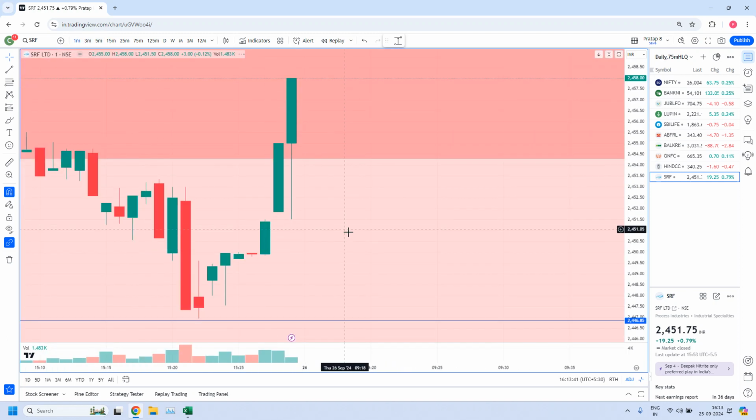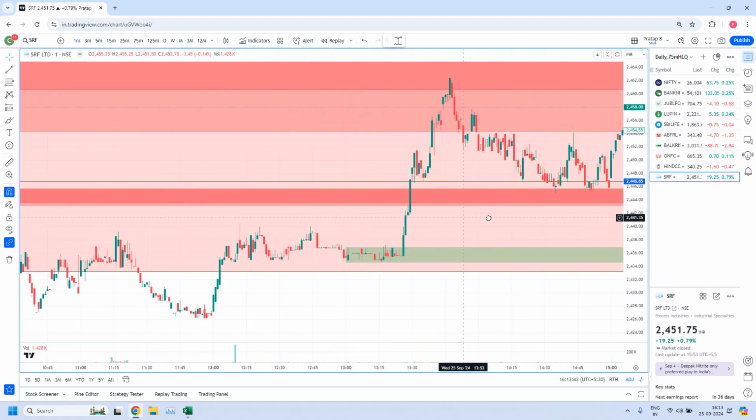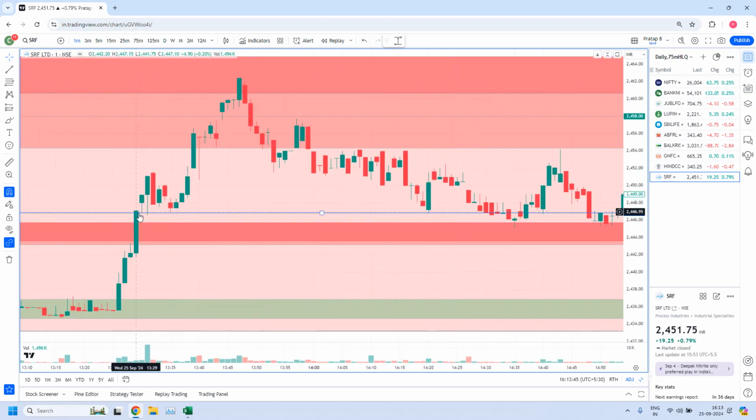But if you look into the 1 minute, see here, there is a huge support at this blue color line which I have drawn. That means somewhere here some strong order flow, which is not clearly visible in the 1 minute zone. Maybe in tick-wise data some zones might be there. If you look into the tick-wise data, that is second-wise data, but we don't have access to such data.